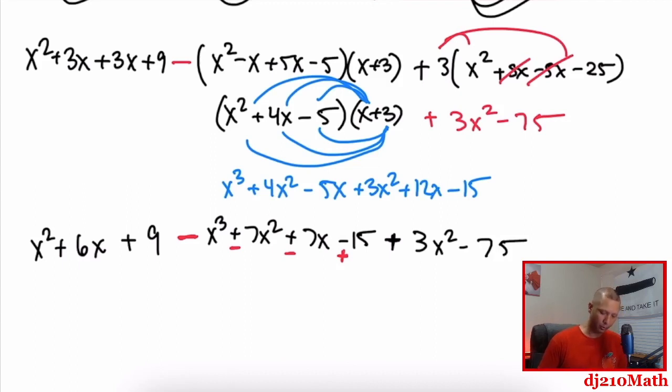Okay, grouping together all the like terms. So there's only one x cubed. So minus x cubed. Where my x squared's at. Here's 1, 2, 3. So they're all positive. 7, 8, 9, 10, 11. So plus 11x squared.